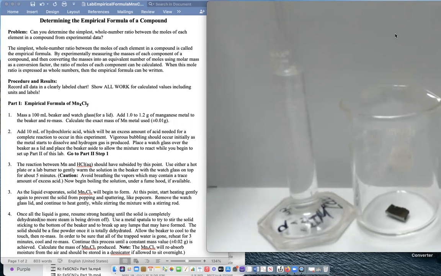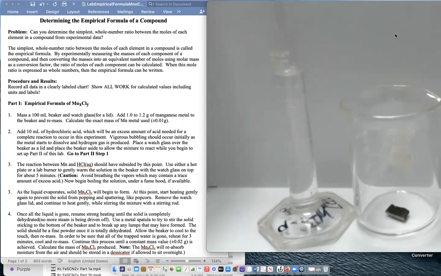Now, you're going to add to this 10 milliliters of hydrochloric acid, which I tell the students is just going to be in an excess amount so that they know that they should get a complete reaction occurring, even if they use the 1.2 grams up to maybe a 1.3 gram value of manganese metal. The acid strength that we are using here is 6 molar.